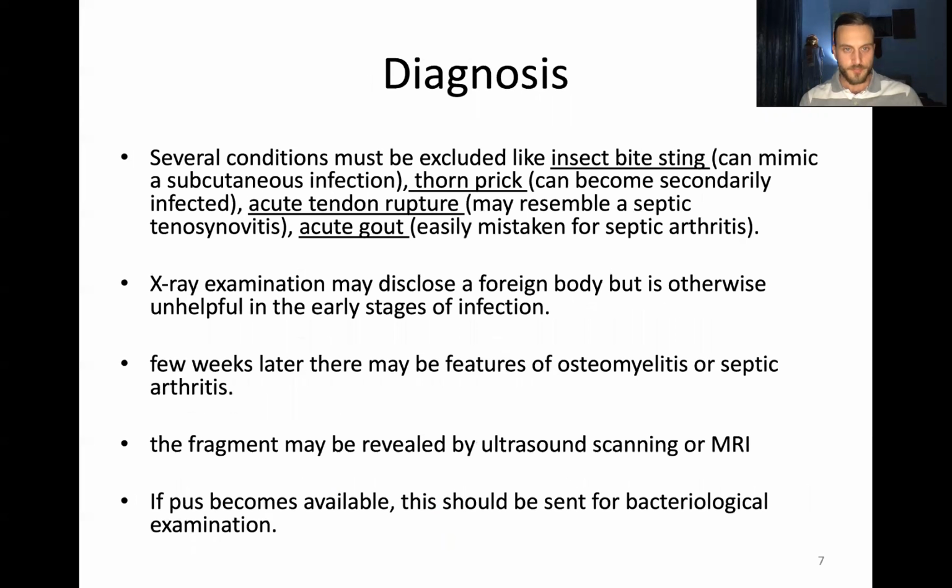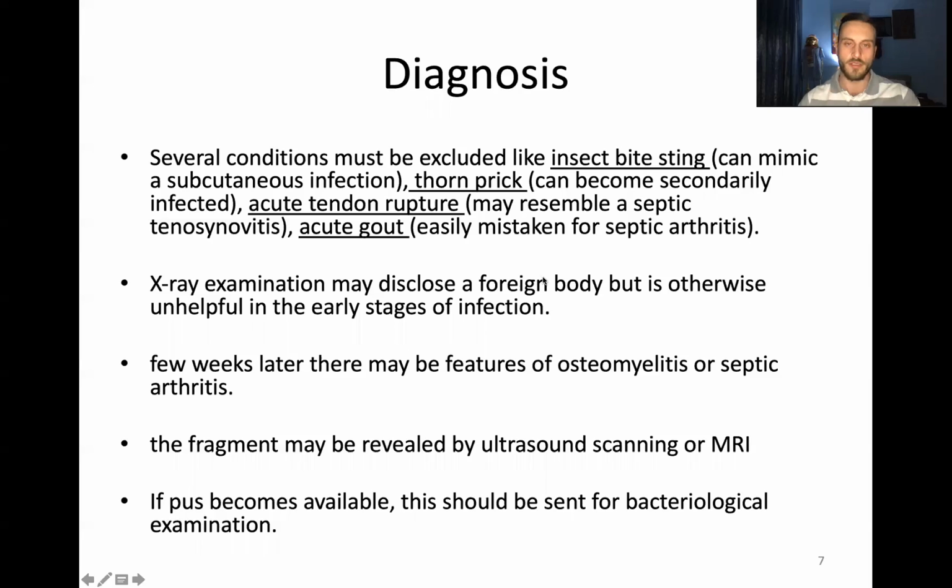Now for the diagnosis. For sure, you have to know the history, what's happening, if there is an insect bite or a tendon rupture, or something like acute gout. You have to get the X-ray, because you may see a foreign body.